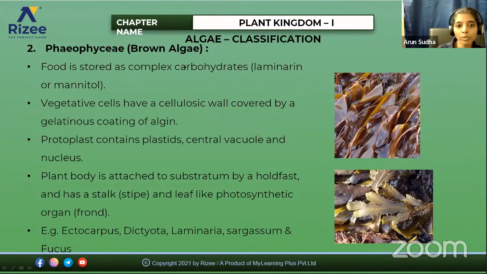So here the food is stored as complex carbohydrate. Example, laminarin is a type of carbohydrate, or the mannitol.